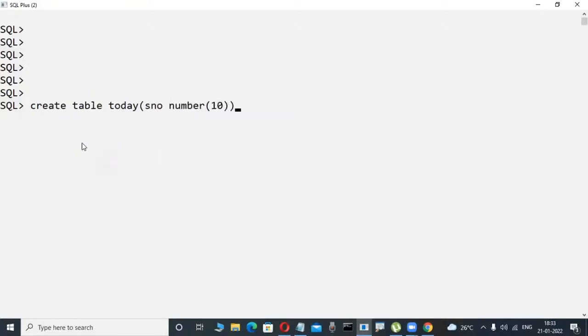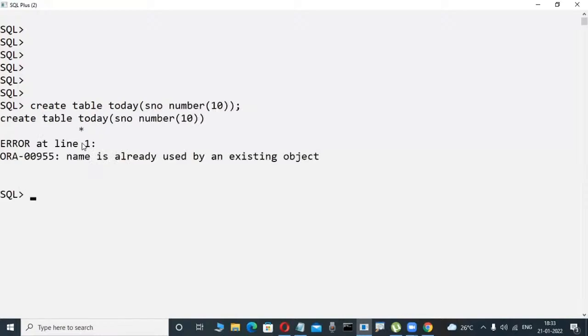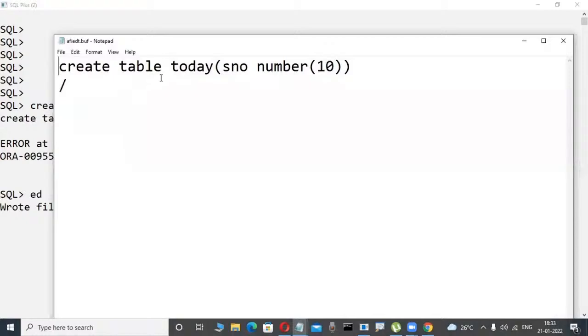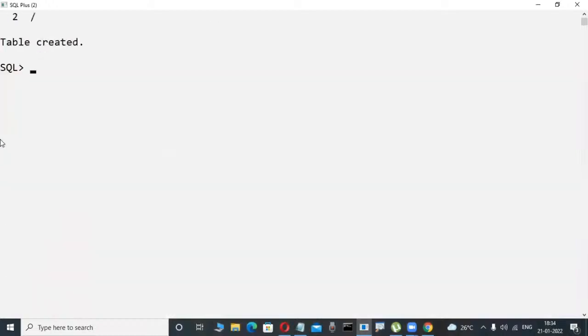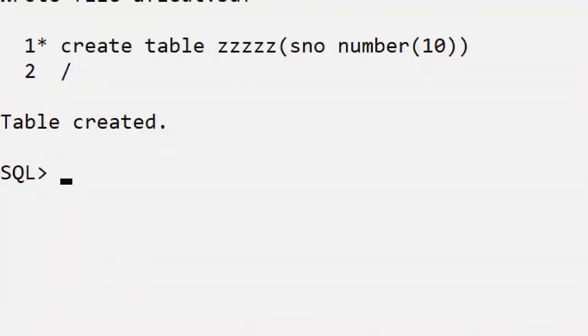Slowly observe here, concentrate. Suppose Z is a table. Observe here, Z is a table. For example, I am creating it. Okay, this table is created.